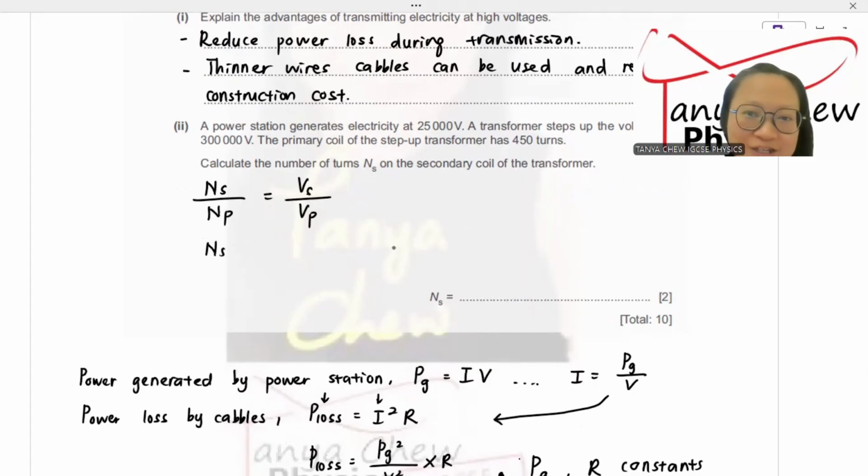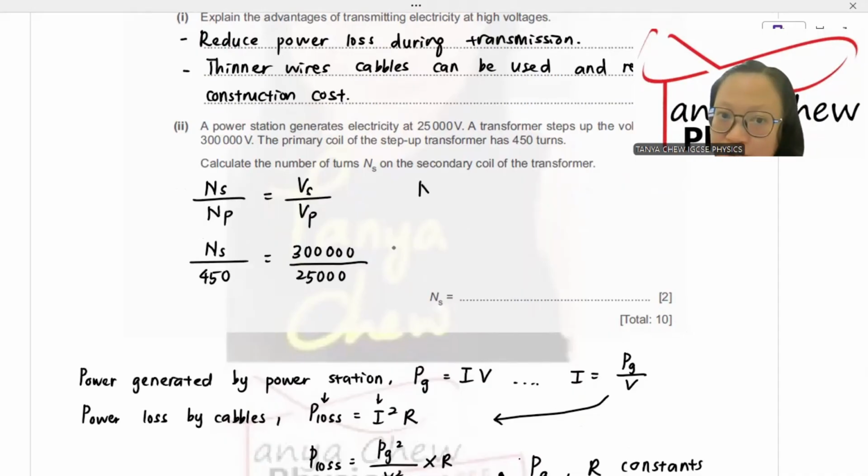Ns is the one that I need to calculate. Np is 450, Vs is 300,000, Vp is only 25,000. Just do your cross multiplication, and you are supposed to get 5,400. There's no unit for number of turns.